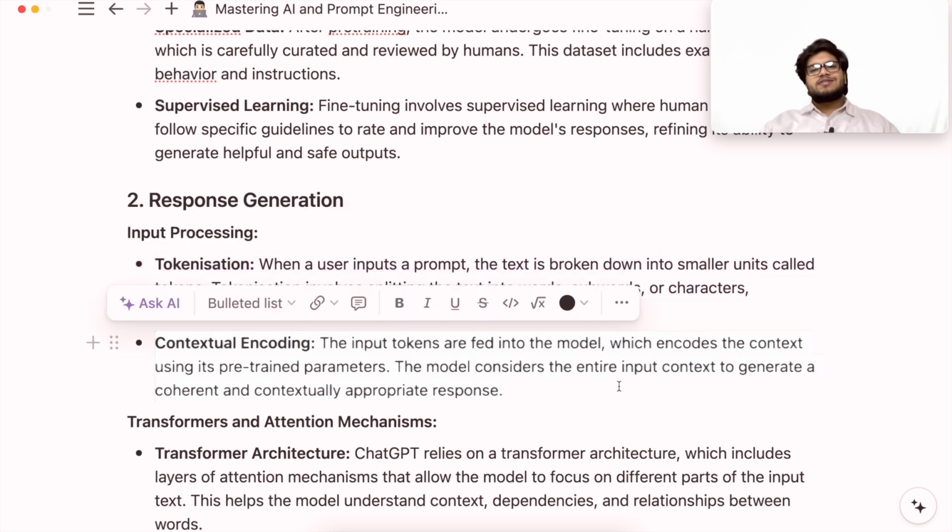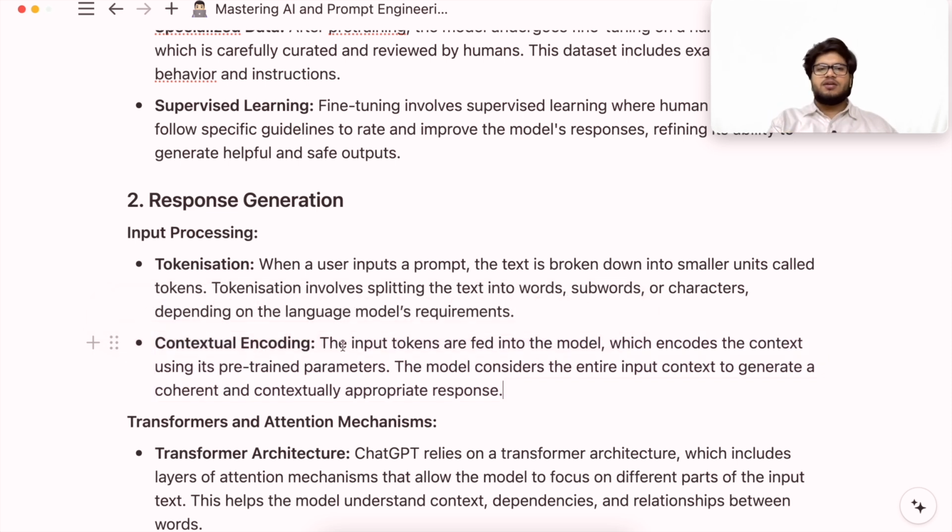The input tokens are fed into the model, which encodes the context using its pre-trained parameters. The model considers the entire input context to generate a coherent and contextually appropriate response. So this is how input processing is done. First, the words are broken down into tokens. Then contextual encoding is done, and a particular context and text is encoded.